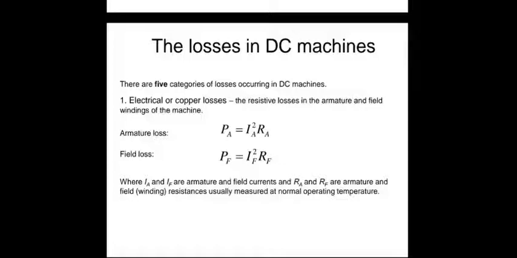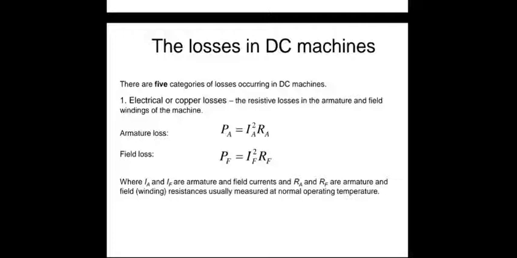On top of it, there will be iron losses in the rotor also, because rotor is containing a lot of magnetic material. And in addition to that, because of the rotation involved, there will be friction loss, and there may be other mechanical losses also, like windage, etc. So that is the part which was not seen in transformers.